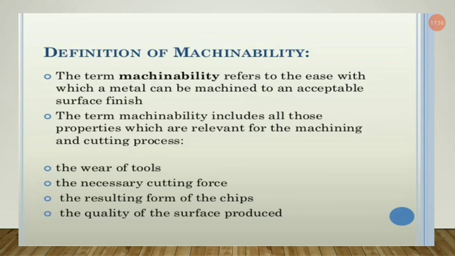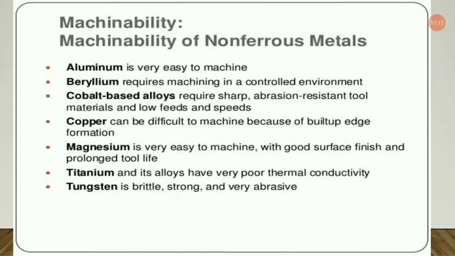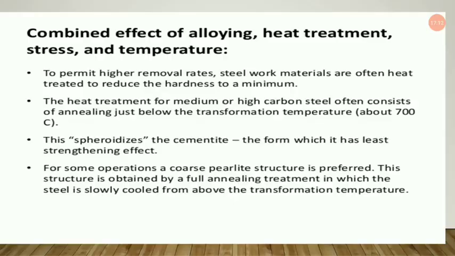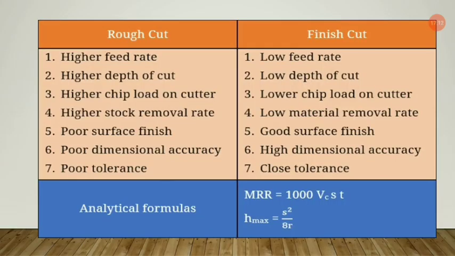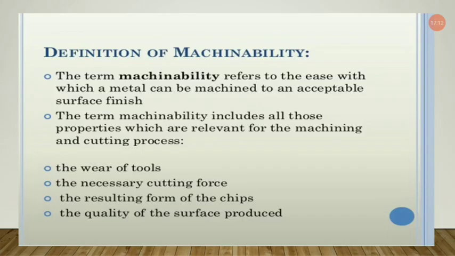So, machinability is also directly related to surface finish. The rough cut and finish cut are also part of the surface finish. In order to have a better surface finish, machinability is one of the most vital factors affecting the final surface finish.